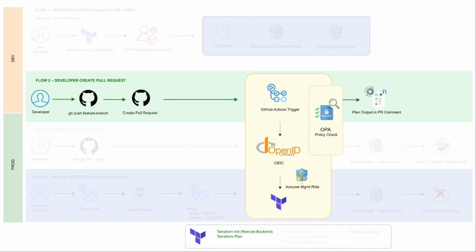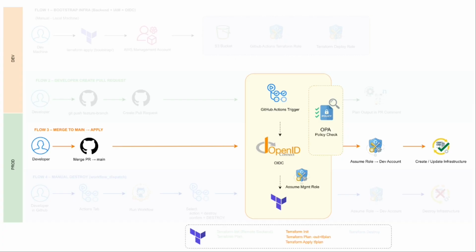Finally, the plan output is posted as a comment in the pull request. Important, nothing is applied here. This flow ensures peer review, transparency, and policy enforcement before any infrastructure change happens. It separates validation from execution, which is critical for safety.